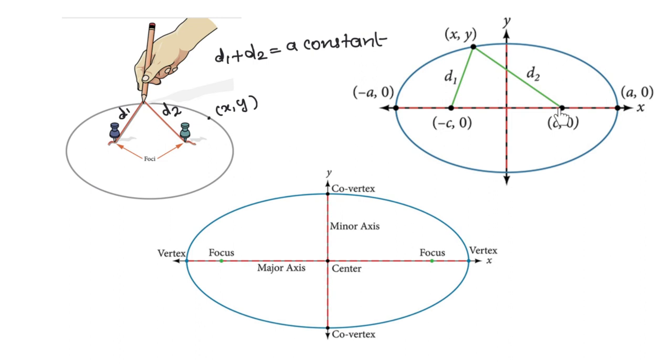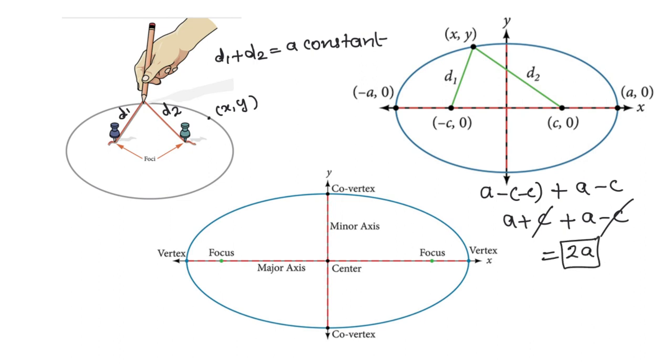And the distance from this point to the other focus is a minus c. Then we add them and see what kind of constant we get. So a plus c plus a minus c, c will get cancelled, and we are getting 2a. So that constant is always 2a.